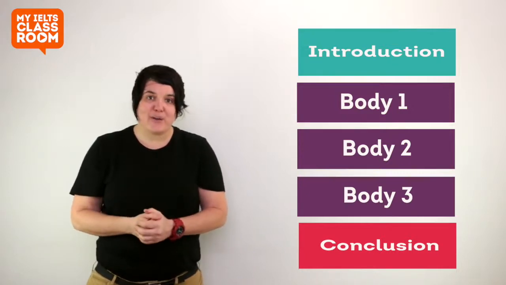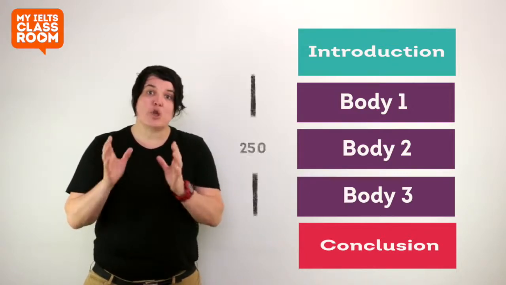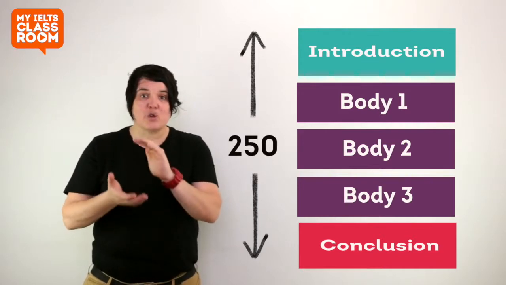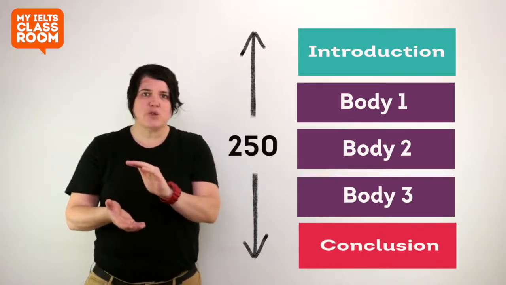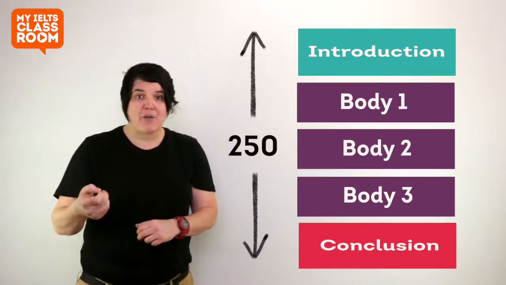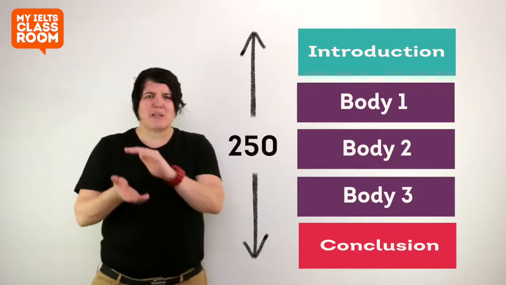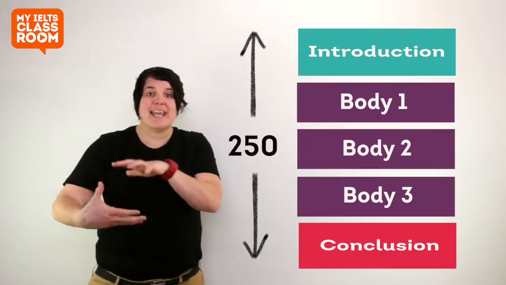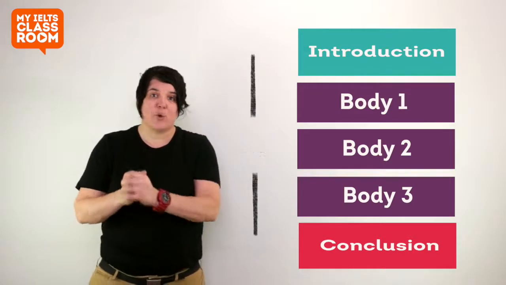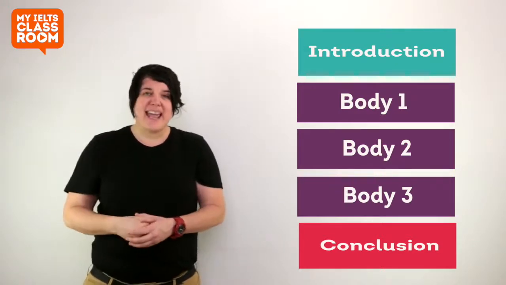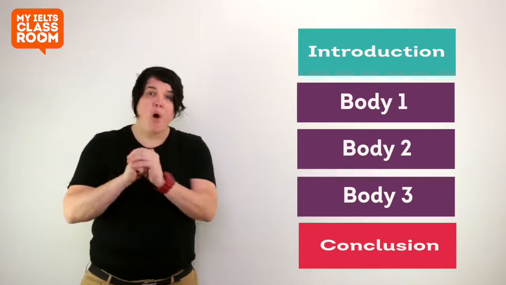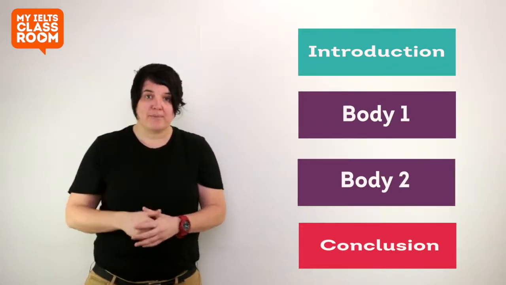But an IELTS essay is only 250 words. This is very short. Therefore, if you write more than 2 or 3 body paragraphs, your paragraphs will be too short and not extended enough, so you won't get a high score. So for an IELTS essay, it's sometimes 3 body paragraphs, but more often than not, 2.